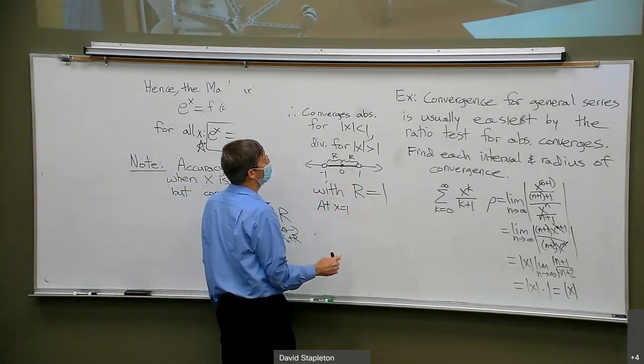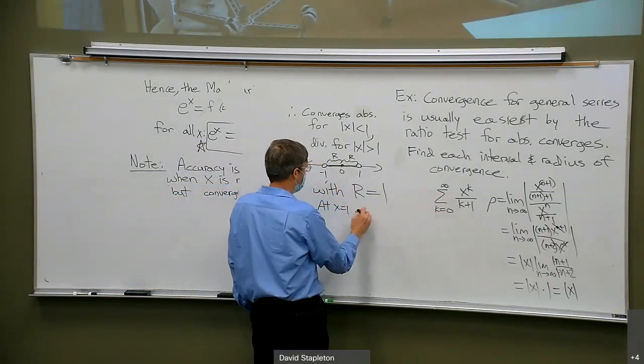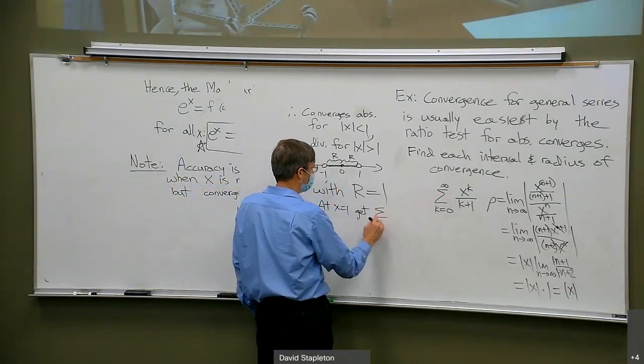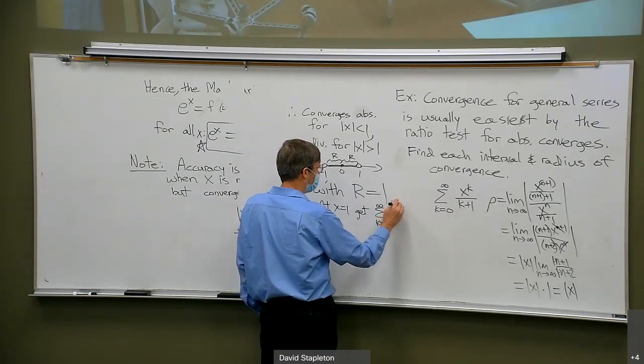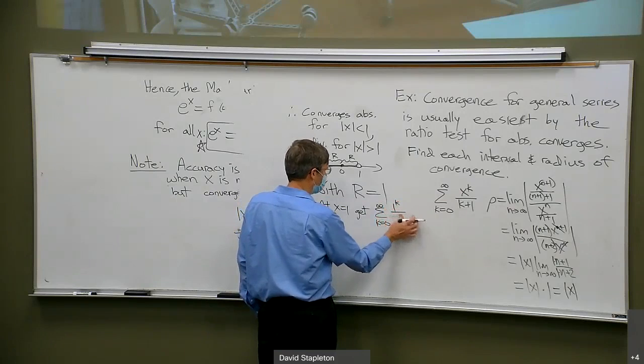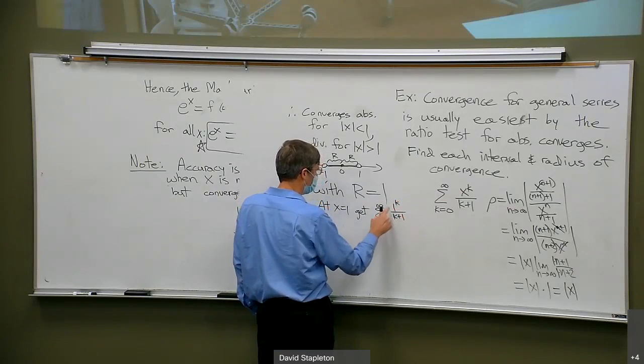What do we get for this sum? We get the sum k equals 0 to infinity of 1 to the k over k plus 1. When k equals 0, you get 1.